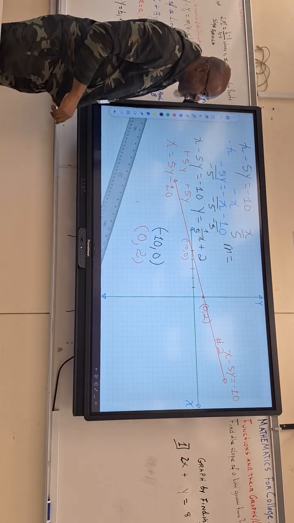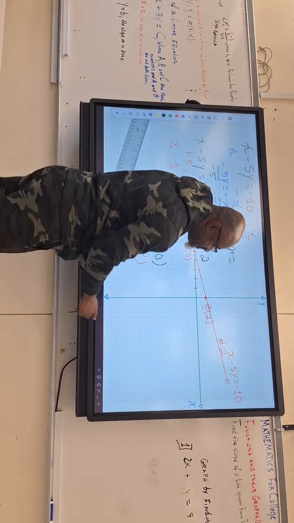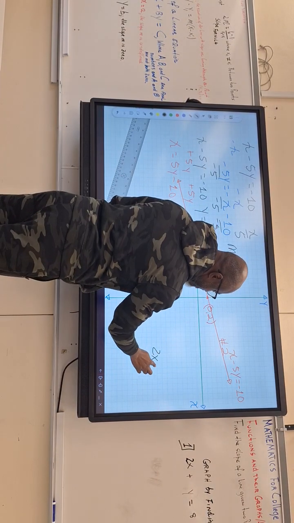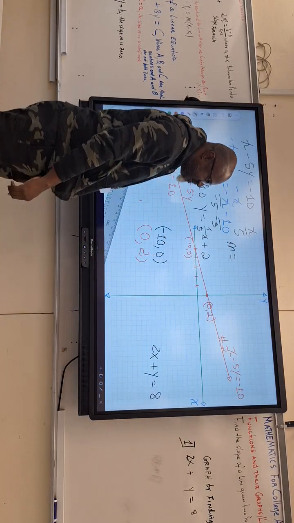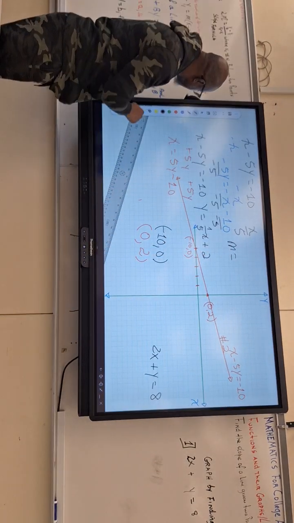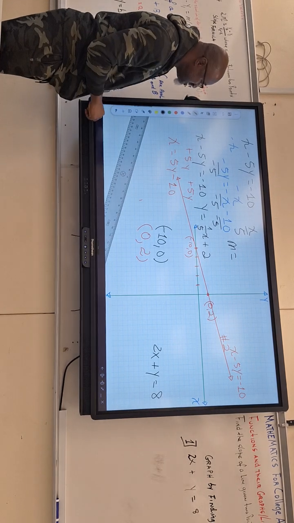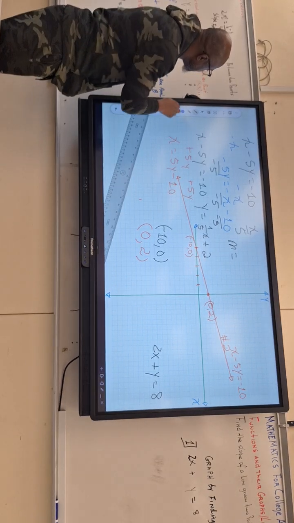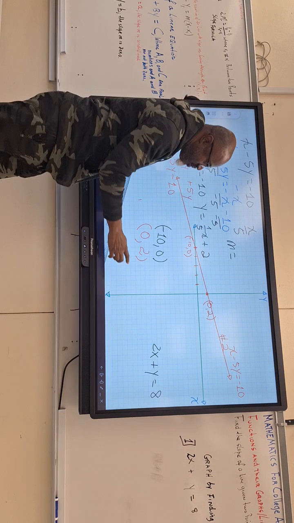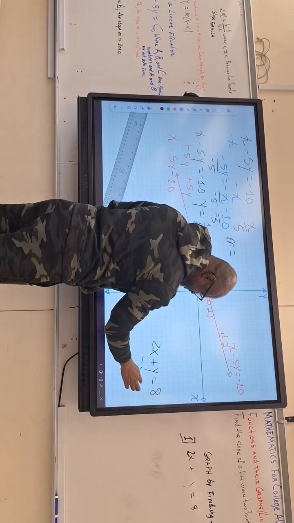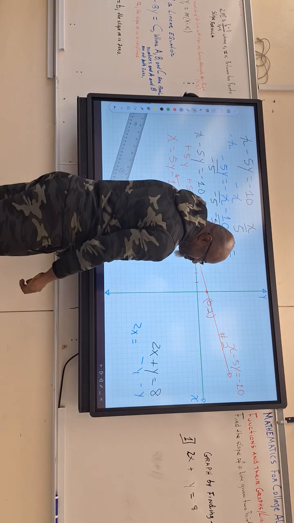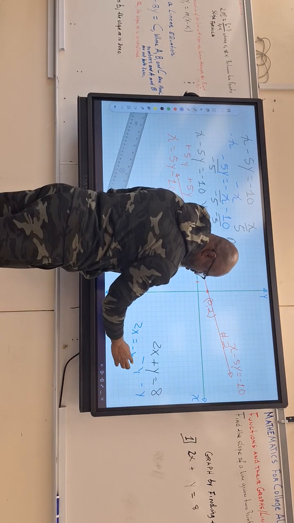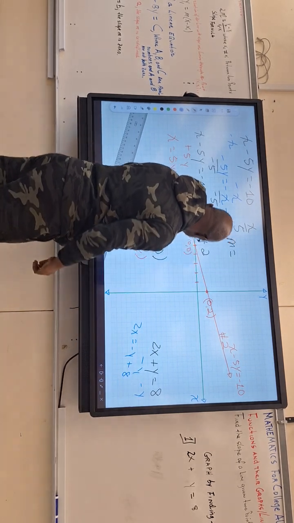Second, if I pick that equation, 2x plus y is equal to 8. So I'm going to solve for x. If I'm solving for x in this case, what should I do? I'm going to subtract y. Then I will have 2x equal negative y plus 8.